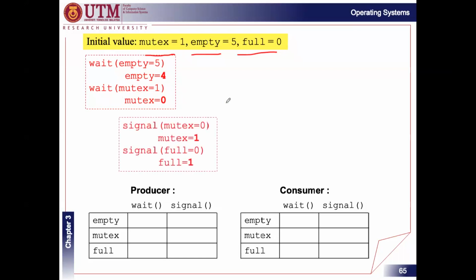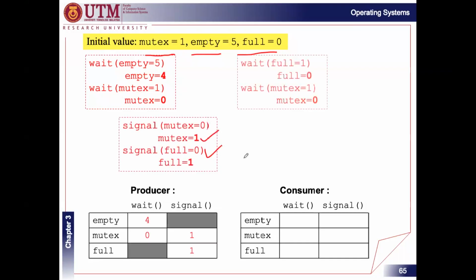And then next signal, okay, mutex 0, and then increase it to 1, and then full, increase the value of full, and then you can see. Okay, all right. So next for the consumer, wait, full equals 1. So next reduce the number by 1, and similarly for mutex, minus 1.